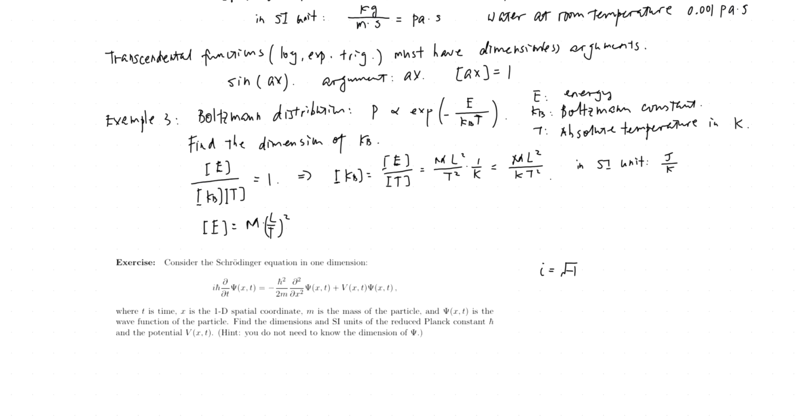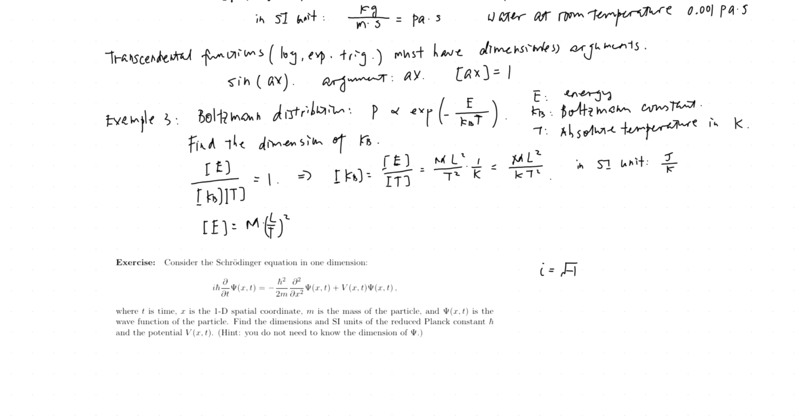And if you have no exposure to any quantum mechanics, you also don't know what it is. And this psi is the wave function. So for this problem, the hint is you don't need to know the dimension of the wave function in order to solve the problem. And t is time, m is the mass of the particle, and x is the position. So this is the Schrodinger equation in one dimension.